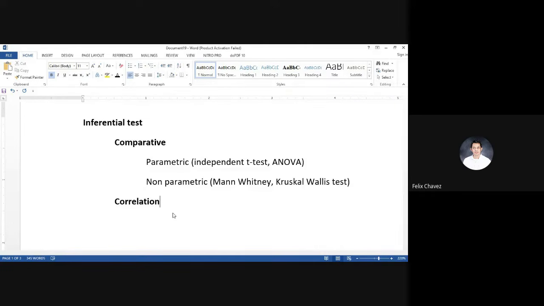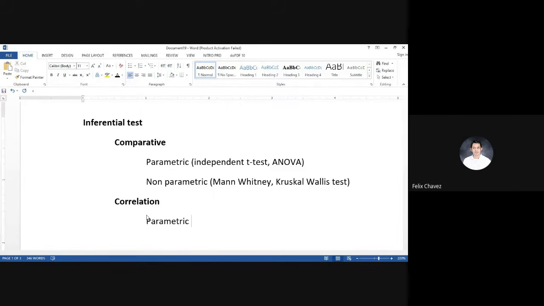So in the correlational test, in comparative tests, we have parametric and non-parametric testing. So parametric tests, these are robust tests. These are more powerful as compared to non-parametric tests. But this particular parametric tests have strict assumptions. There are criteria that must be met before this particular test can be applied.